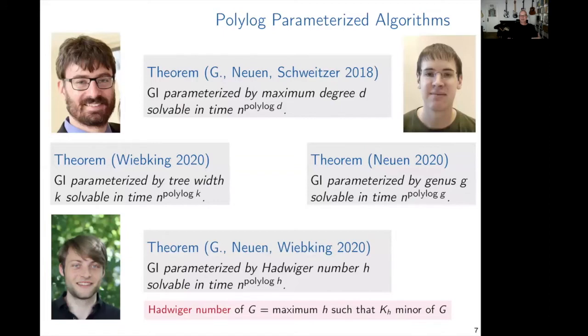It's the minimum size of an excluded minor of G minus 1. Okay, so we parameterize by the minimum excluded minor. That's at least how I think about this. Okay, and there we also have an algorithm in n to the polylog h. Okay, so mainly I want to talk about this result and this result. And on the way, I also need to go through these.